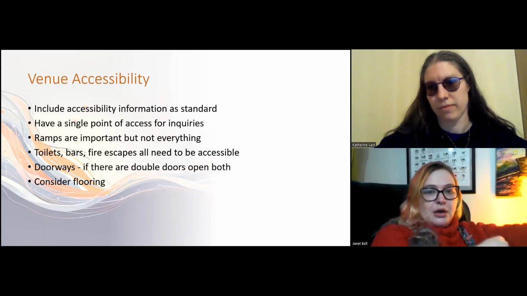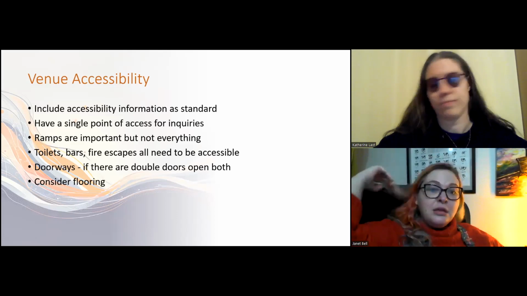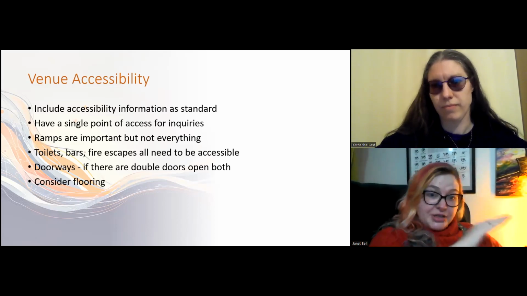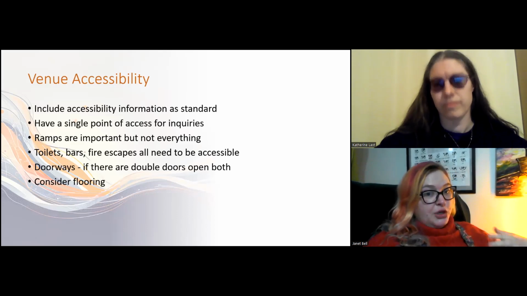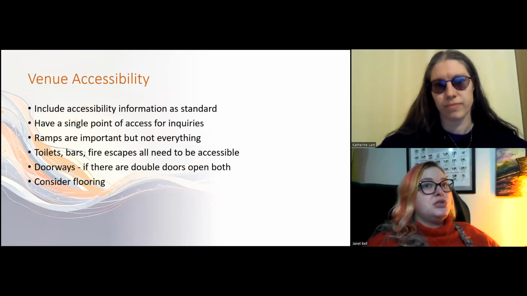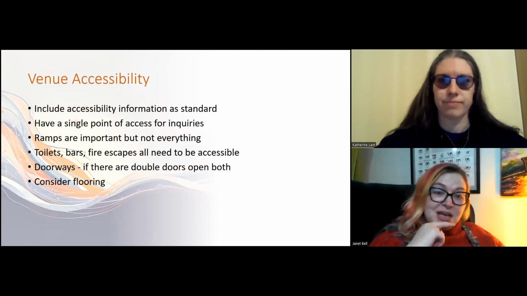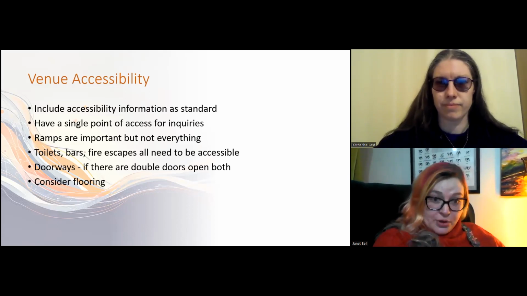It doesn't need to go into massive detail, but just showing that someone has actually thought about the access is a huge step forward, because it takes so long to look up all the access. Which goes into point 2: have a single point of access for inquiries.